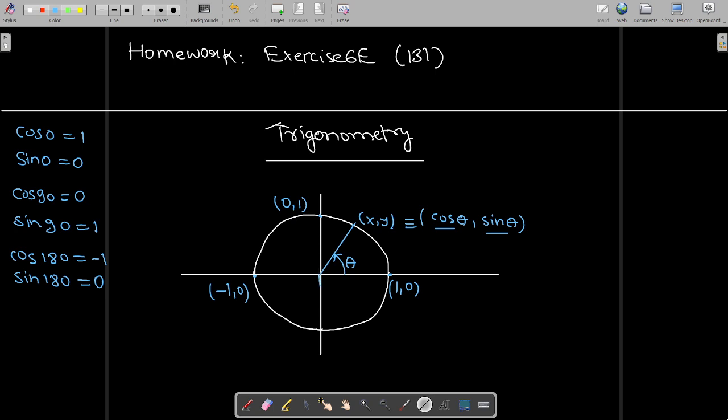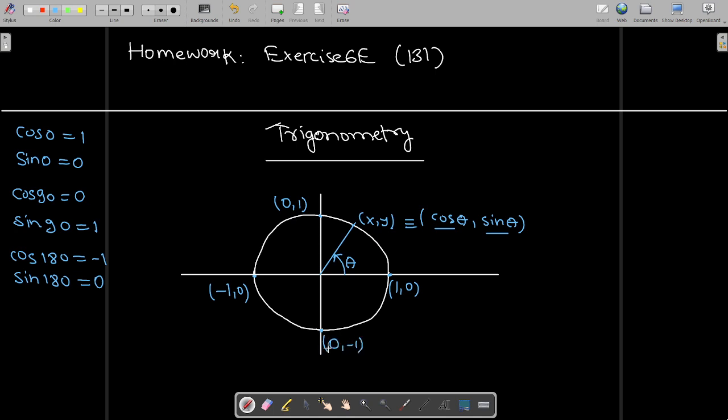If we come over here, what's the theta? Here theta is 270. And what is the coordinate of this point? 0, minus 1.